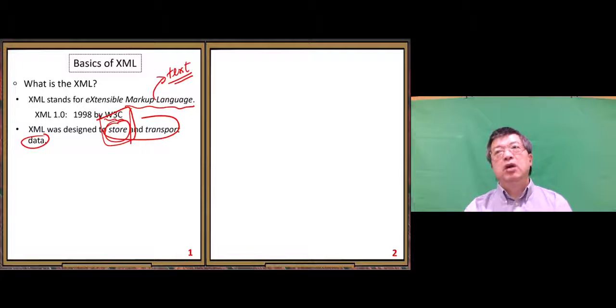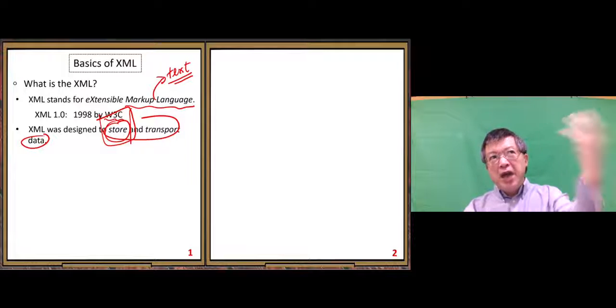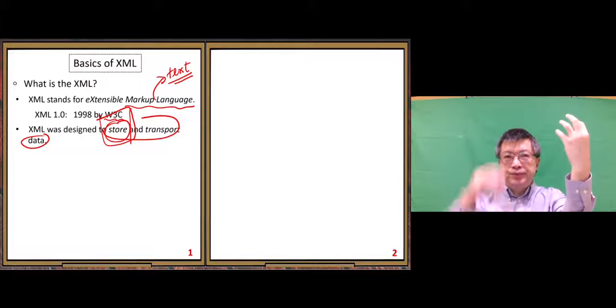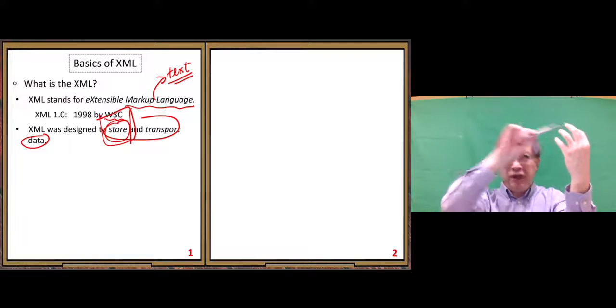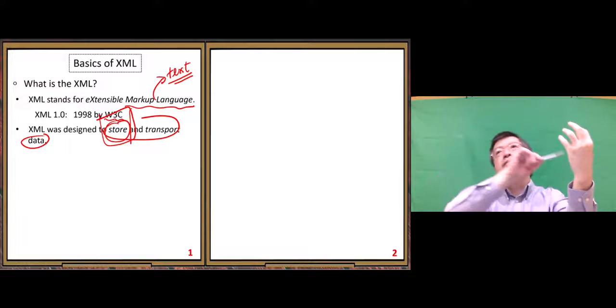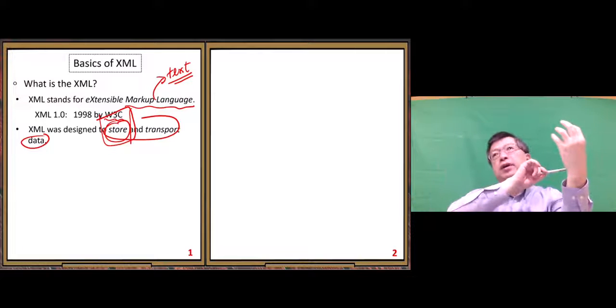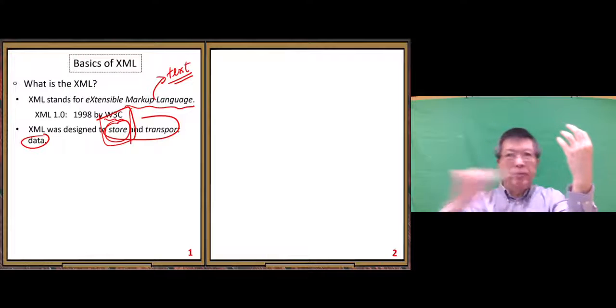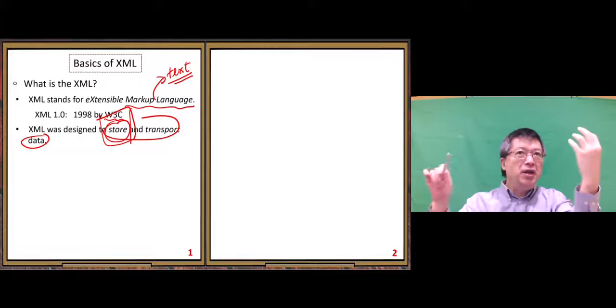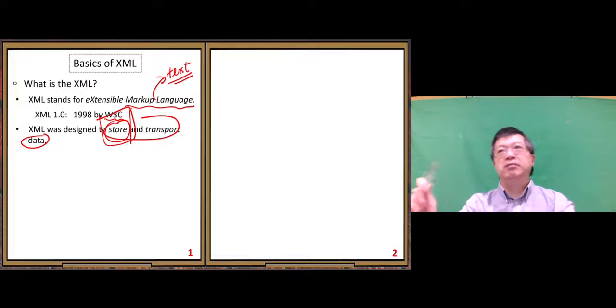For example, we want to send information on one person. We want to include first name, last name, telephone number, address, zip code, age, and many other pieces of information.